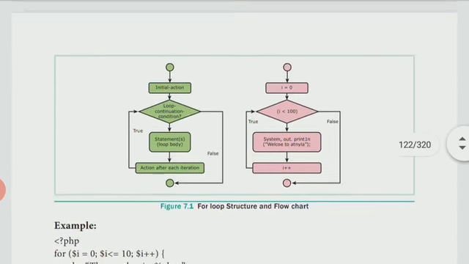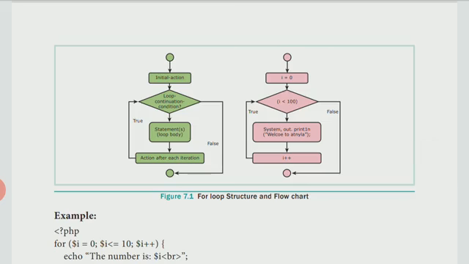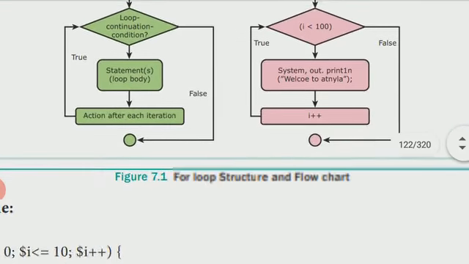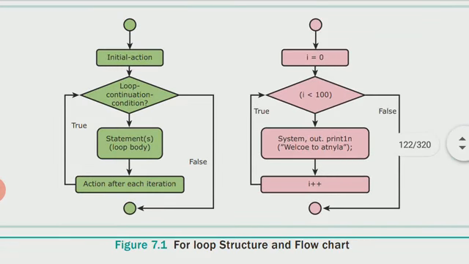Next, see here how the for loop structure works. First we give the initial condition, that is the starting value, and it will be checked. After that it will check the loop continuation condition, that is whether we still want to continue.